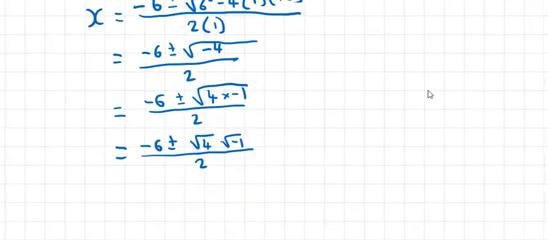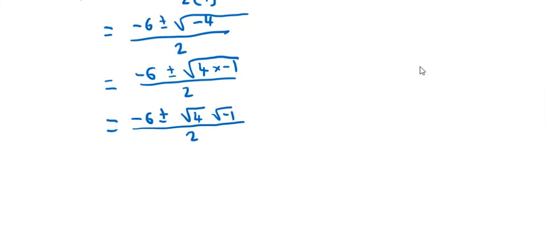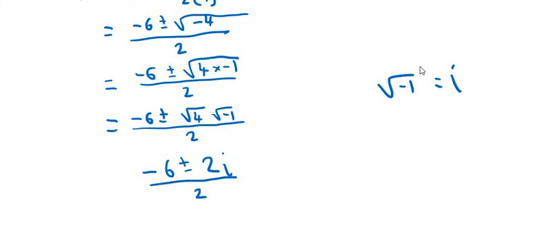And a rule that you would have done at the start of complex numbers was that the square root of minus 1, you can call that i. So I can let the square root of minus 1 be i, and the square root of positive 4 is just going to be 2. So I can call that 2i. So I get minus 6 plus or minus 2i all over 2.